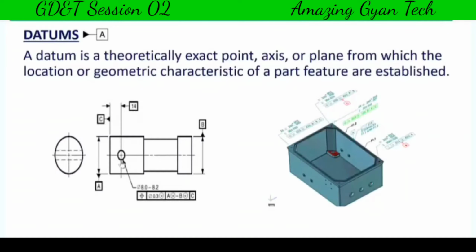The hole diameter 8 to 8.2 is given in the drawing. This hole needs to be placed at a distance of 14 millimeter from face C, which they have made a datum. So in this drawing, C is the datum with respect to which the hole needs to be positioned. Like this, a datum can be established in the drawing. We'll read this in detail.